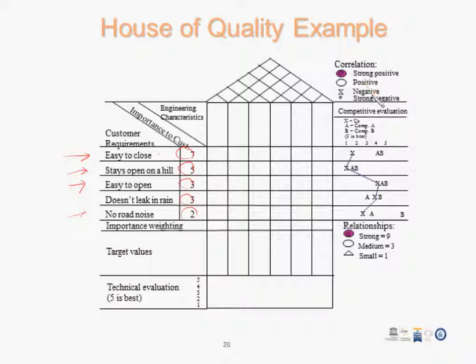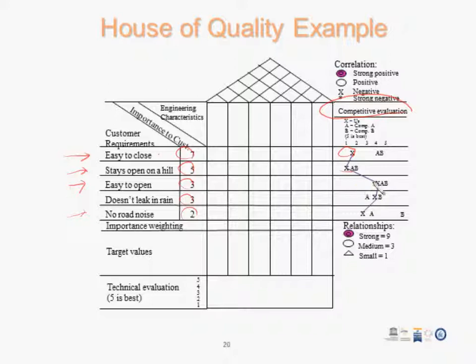The right-hand side is competitiveness. X is your company, A is competitor A, B is competitor B. For ease to close, customers evaluated that your competitors A and B are very high quality, but your product is very bad. The second one, stay open on the hill, is still a little bit worse than competitors, but not very different.